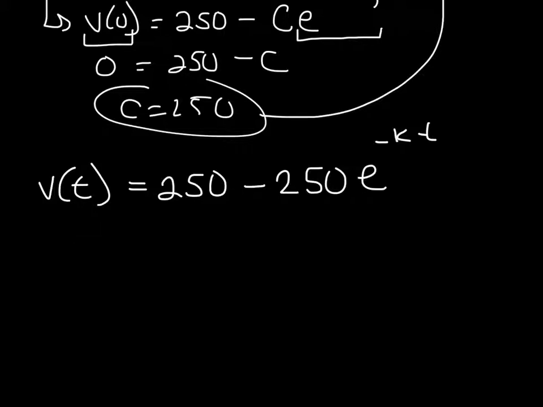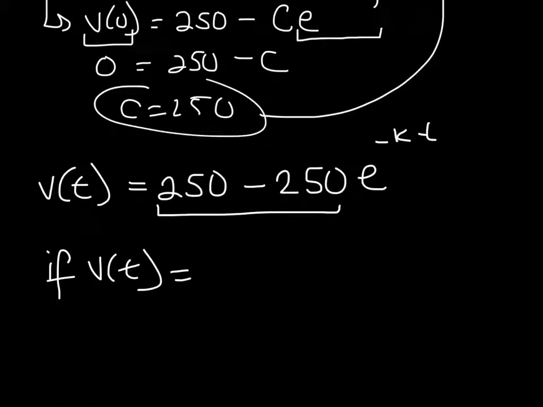That's the mathematical reason, but I want you to understand why it doesn't make sense in general. Let's just write this. If v of t, again, this is wrong, don't do this, but if you say 250 minus 250, so v of t is 0, then you're saying that if the velocity is 0, that's a horizontal line, that's your x-axis.